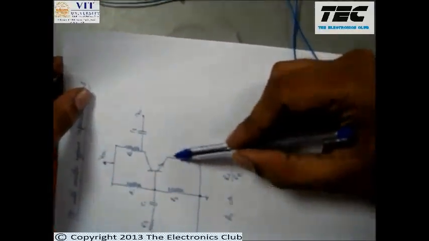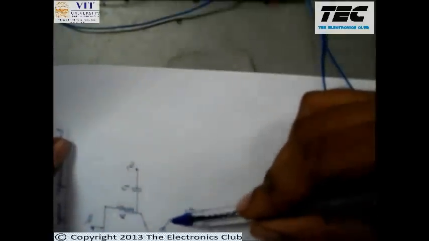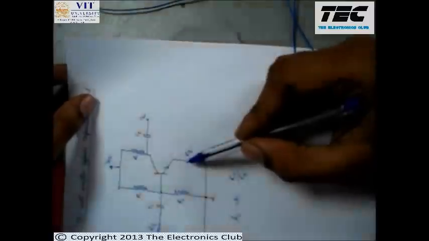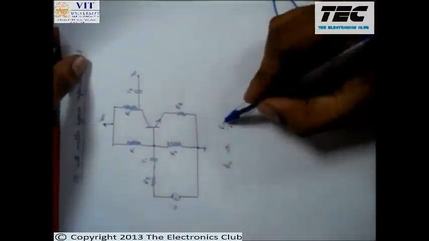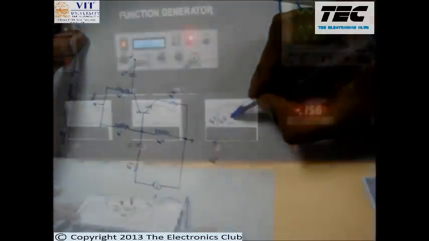Actually, when we remove the emitter bypass capacitor, as it's shown here, there is negative feedback introduced, because of which the gain falls drastically. The gain now becomes approximately the ratio of collector resistance and the emitter resistance.